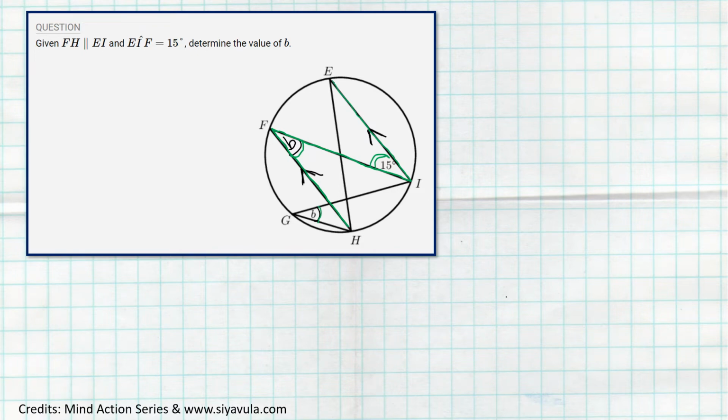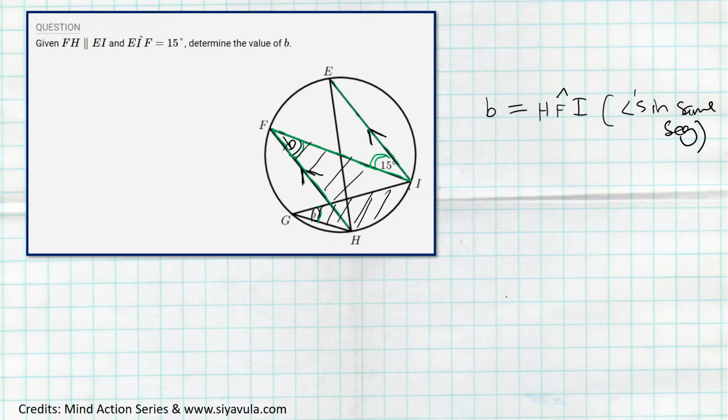Let me just put this down. We are saying angle B is equal to angle HFI, because these are angles in the same segment. That's what we started with: this arc is subtending an angle at the circumference, and the same arc is subtending another angle at the circumference.